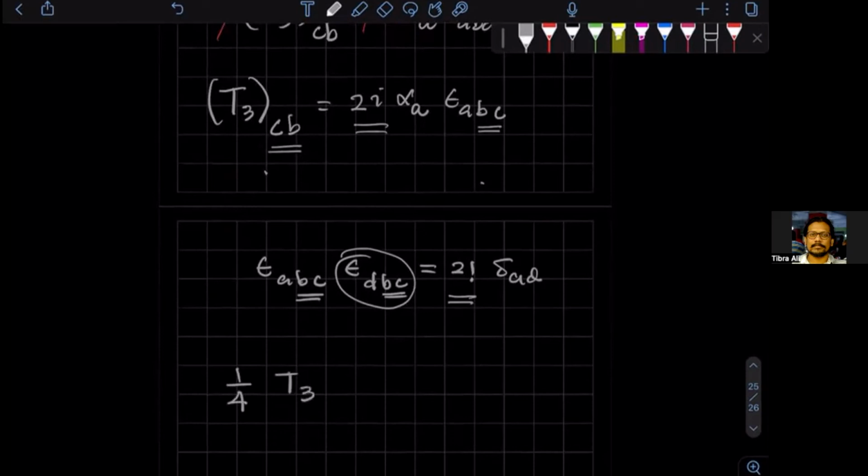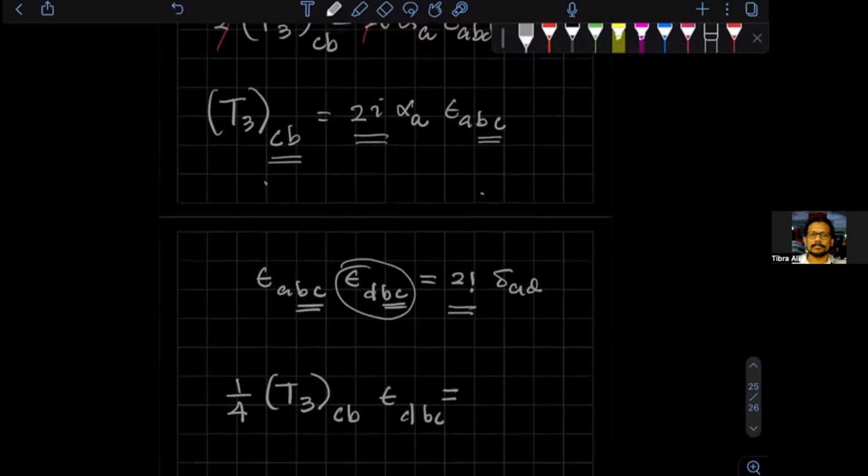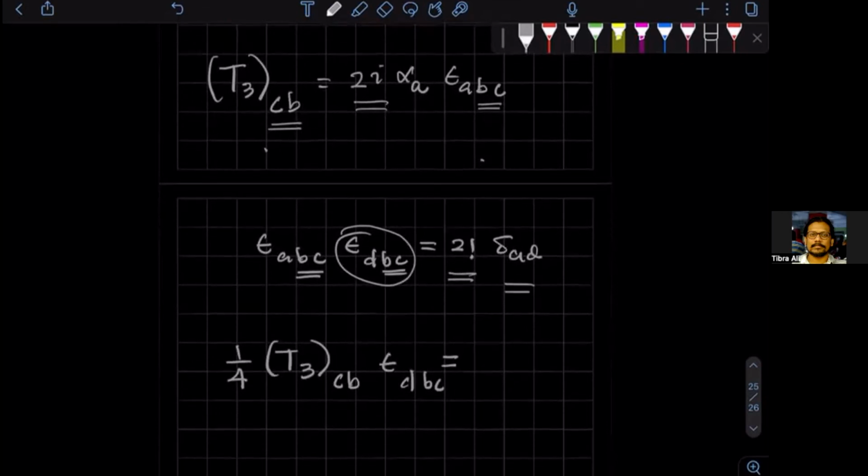So over here, I'll have T of 3, CB epsilon DBC. On the right-hand side, because of the delta, I will have just, I think there should be a factor, there'll be an i times alpha D. Okay.